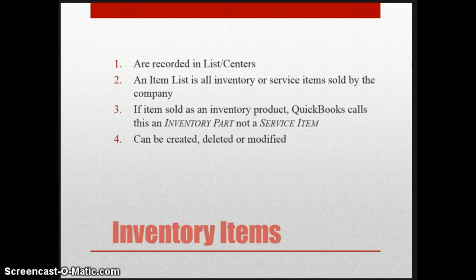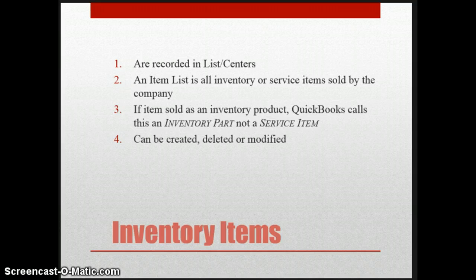Inventory items are recorded in what we call the list centers. The item list holds all inventory or service items sold by the company. If an item is sold as an inventory product, QuickBooks calls this an inventory part.